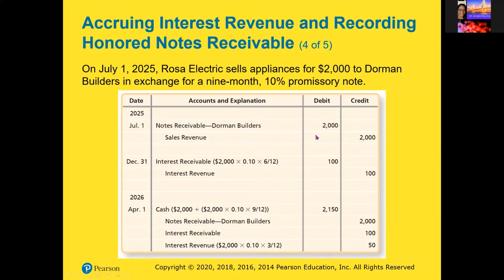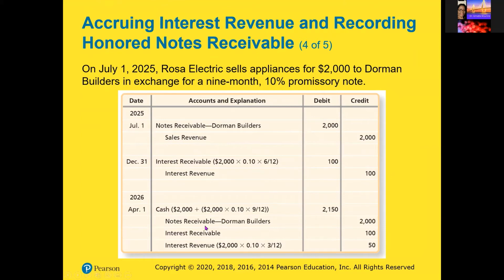The notes receivable, of course, is debited for $2,000, and sales revenue is credited for $2,000. Interest receivable is debited for $100. That's the $2,000 times the 10% interest rate times 6/12. Interest revenue is credited for $100.